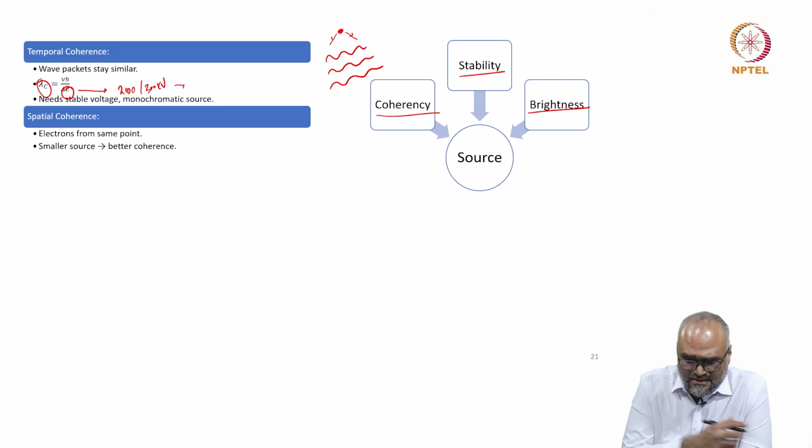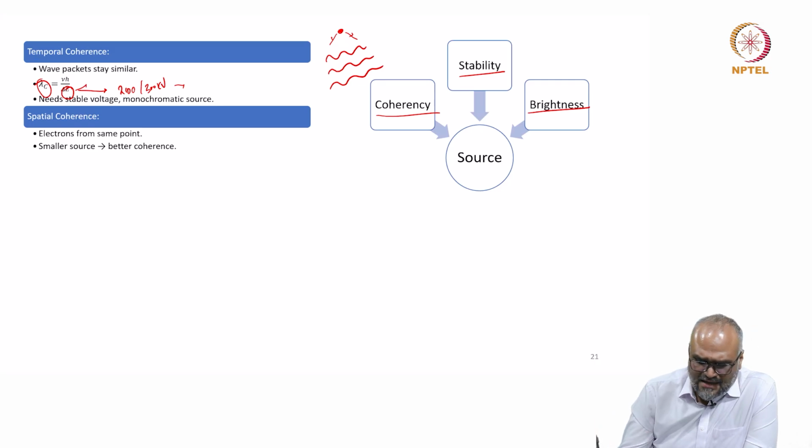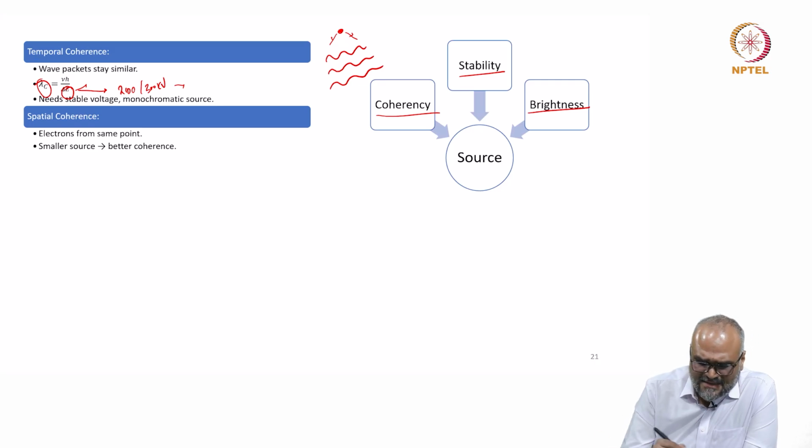Now, if I have an extremely stable high tension system, I can maintain this coherency reasonably well. Also, when I have the double anode system like in a field emission gun, I can have better feedback control and maintain the coherency much better in a field emitter.